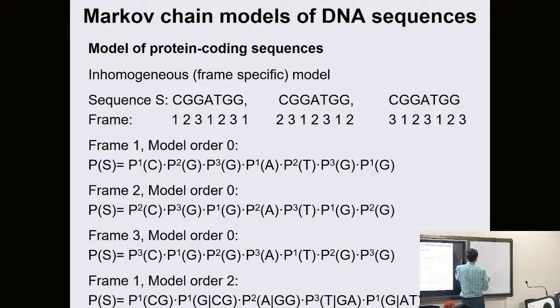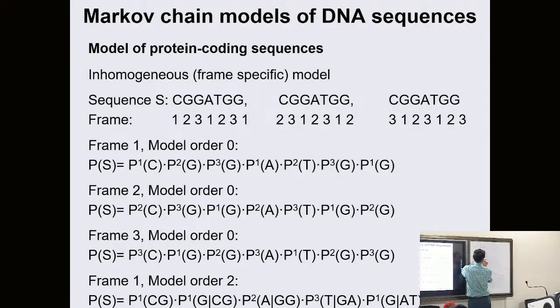Because there are three positions for this oligonucleotide, I will say the reference position is the position of the first nucleotide. So reference position is 1. The next one, we move by 1 nucleotide, so the next oligonucleotide is GGA, and this is 2, 3, 1. So the reference position for this is 2.